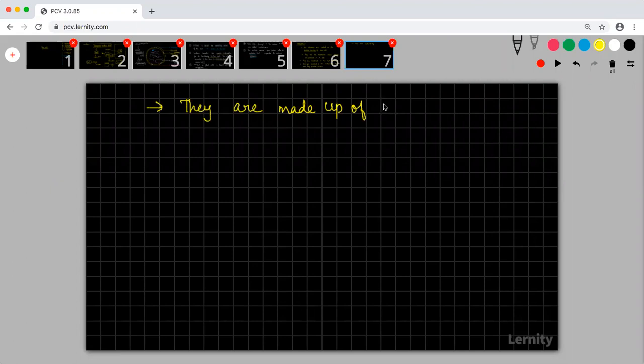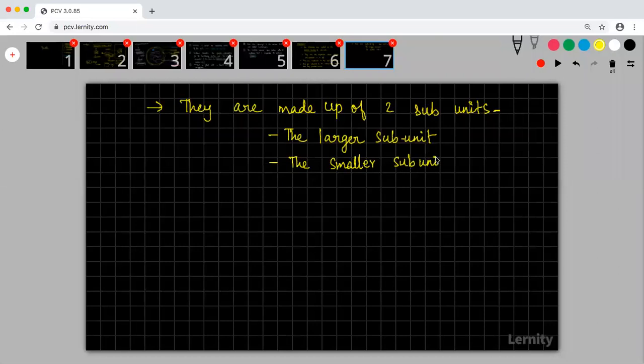They are made up of two subunits. The larger subunit and the smaller subunit. Okay, so now let me explain it to you. What is this ribosome?